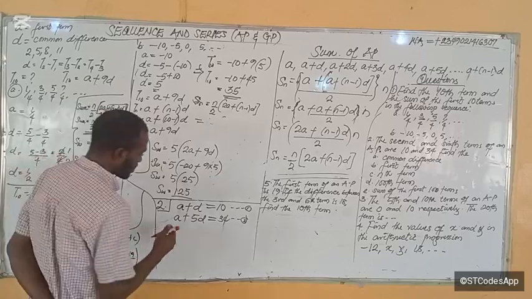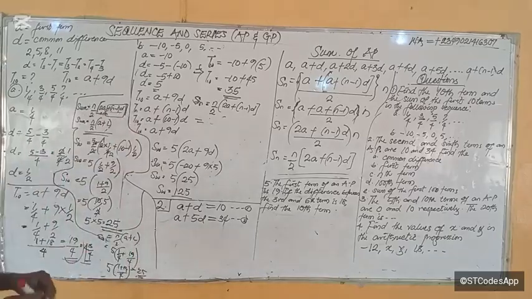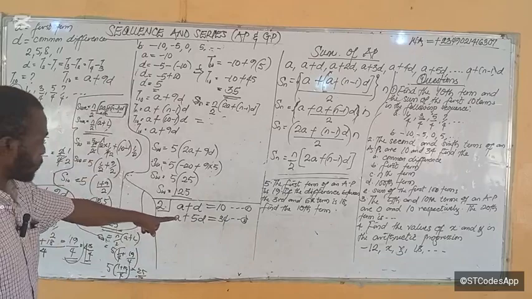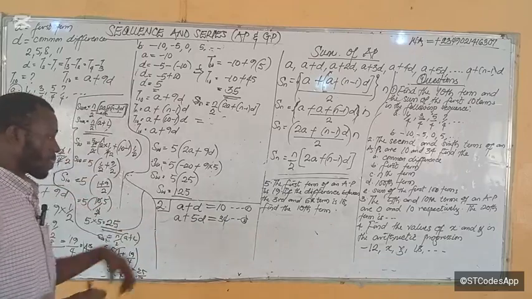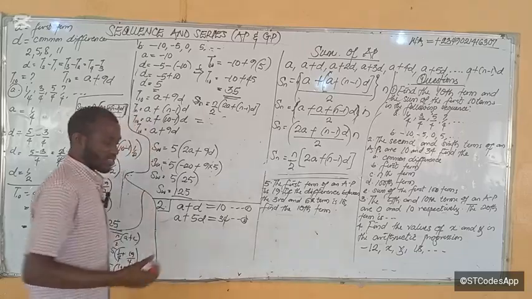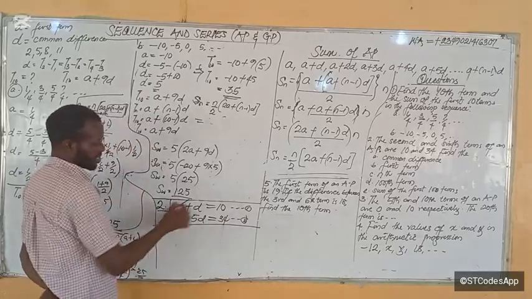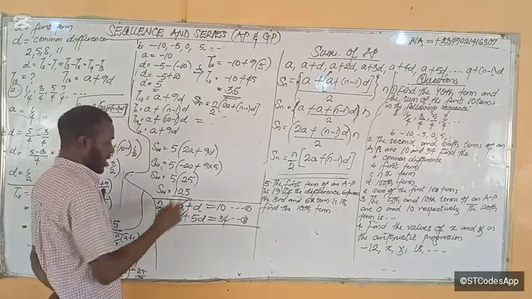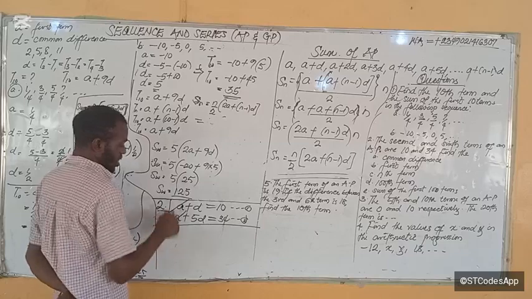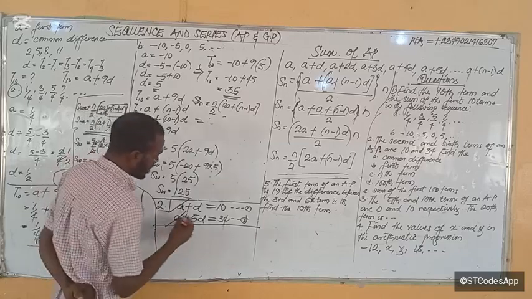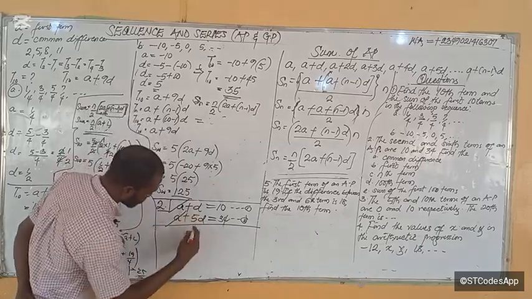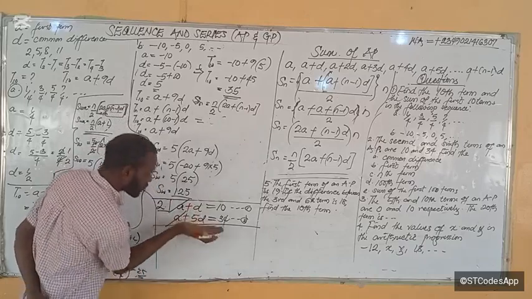Now, what you do is this. Looking at this, let's use the elimination method. If we use the elimination method, same sign subtract, so let's subtract equation 2 from equation 1.